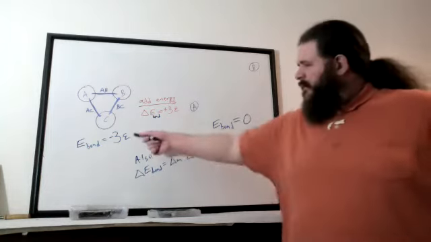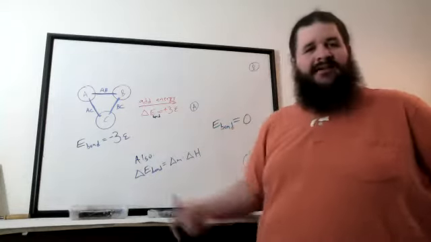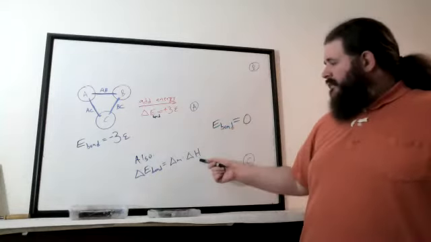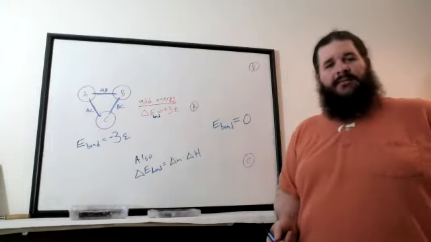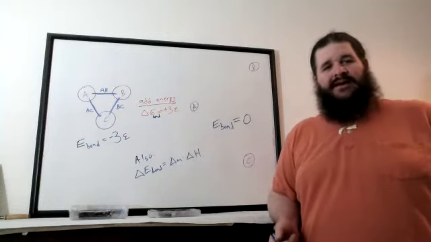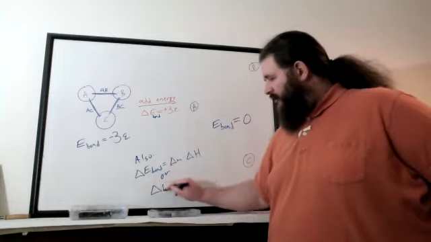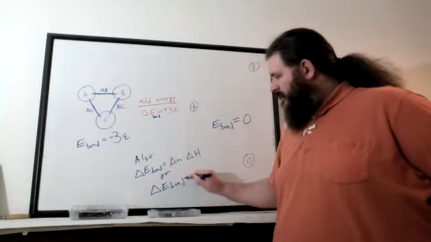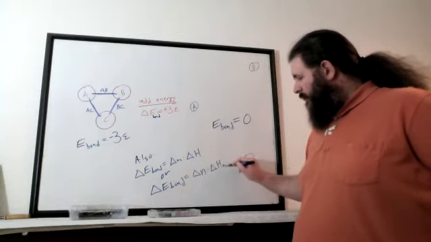And a useful way to compare these: epsilon is the bond energy per bond, the energy it takes to break one bond. Delta H is a similar idea, but instead of being the energy it takes to break one bond, delta H is the energy it takes to break all the bonds in 1 kilogram. Or if you're talking about the molar version, delta E bond equals change in number of moles times delta H molar.